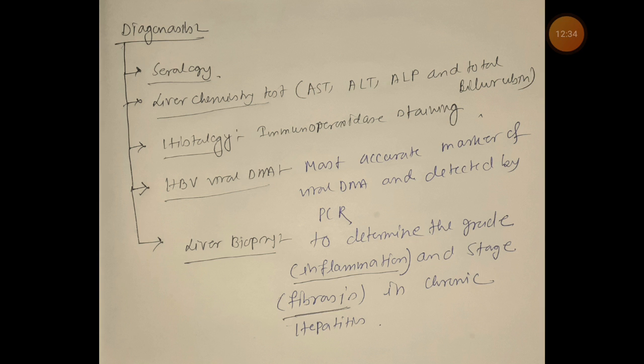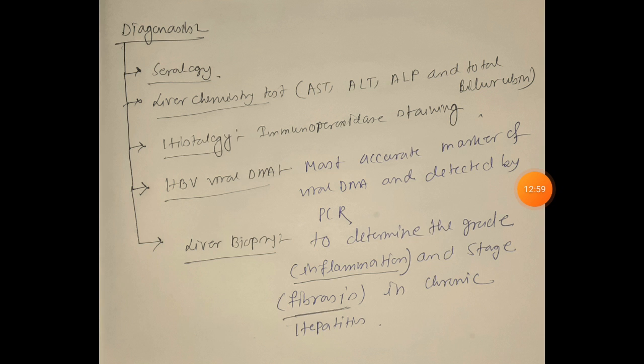Hepatitis B virus is a partially double-stranded DNA genome containing virus. It contains a viral DNA polymerase on its own, and it has a two-layered, two-shelled structure. It consists of three antigens.